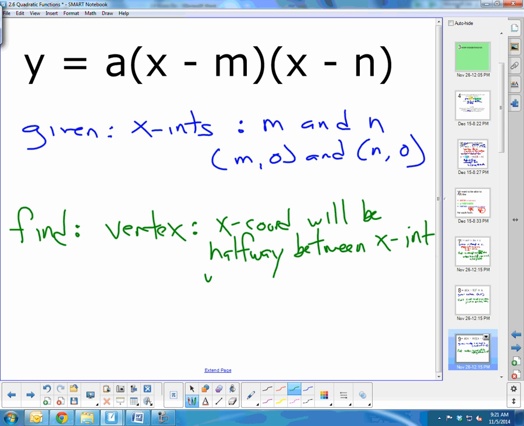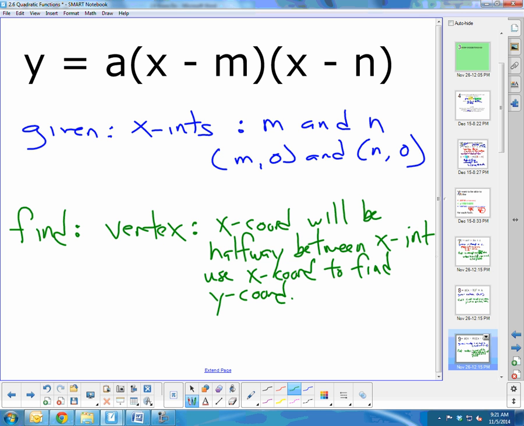And then, like always, we would use the x-coordinate to find the y-coordinate. And that is very similar to what we saw 2 slides ago for the initial form, the ax squared plus bx plus c, that once we find the x-coordinate, we simply use it to get the y-coordinate.